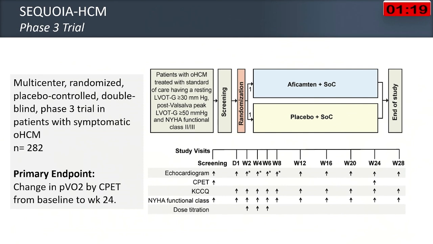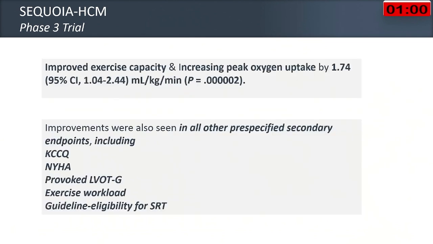It involved a considerable number of patients, 282, and declared a primary endpoint of objective improvement in peak oxygen consumption per cardiopulmonary exercise testing. The study has ended, but details of the results haven't been announced yet.